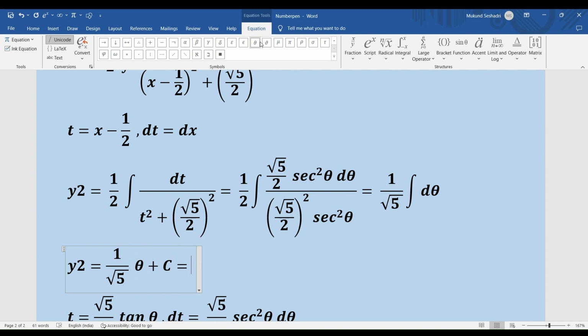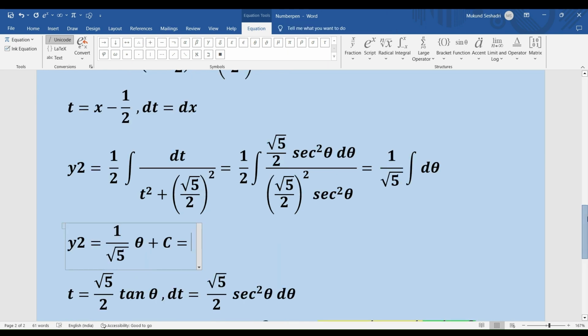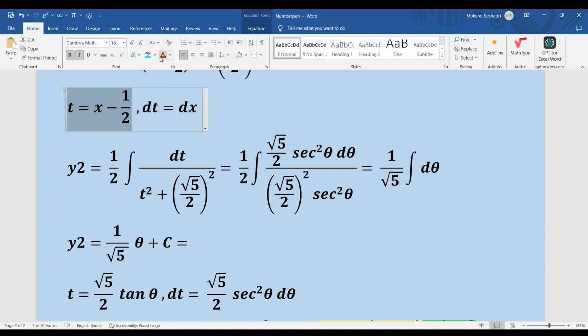You know that I cannot leave everything in terms of theta. I'll have to put it back in terms of x, right? So what are those two substitutions that we did? The first substitution that we did was t equals x minus 2. So let me highlight that. And the most recent substitution that we did was t equals root 5 by 2 tan theta, right?